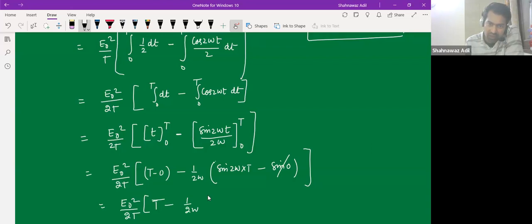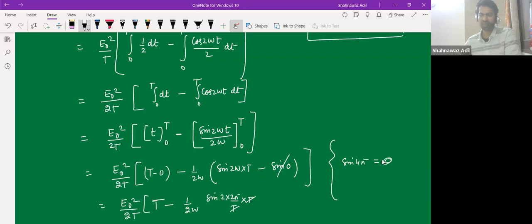And this is sine of 2 into 2 pi by t into t. So this t cancels, and we have sine 4 pi. Sine 4 pi is how much? This is 0, right? So sine 0 is 0, sine pi is 0, sine 2 pi is 0.